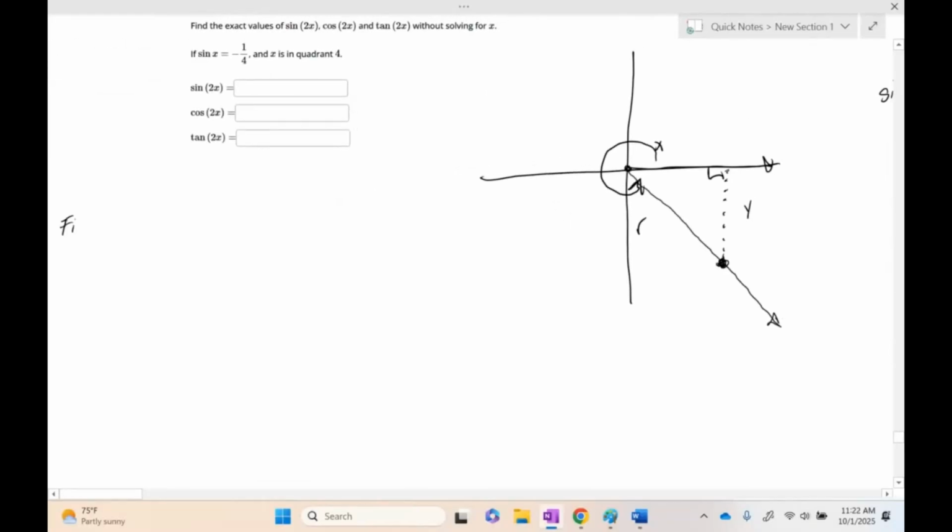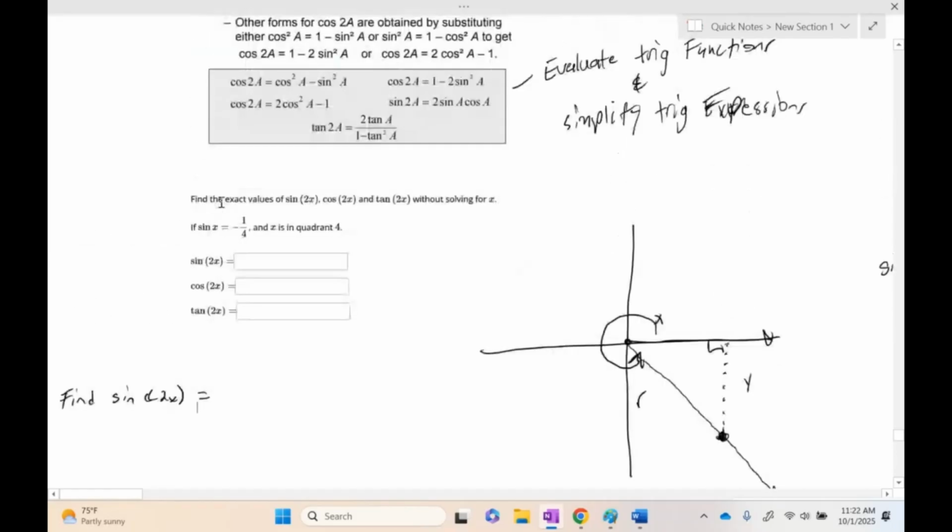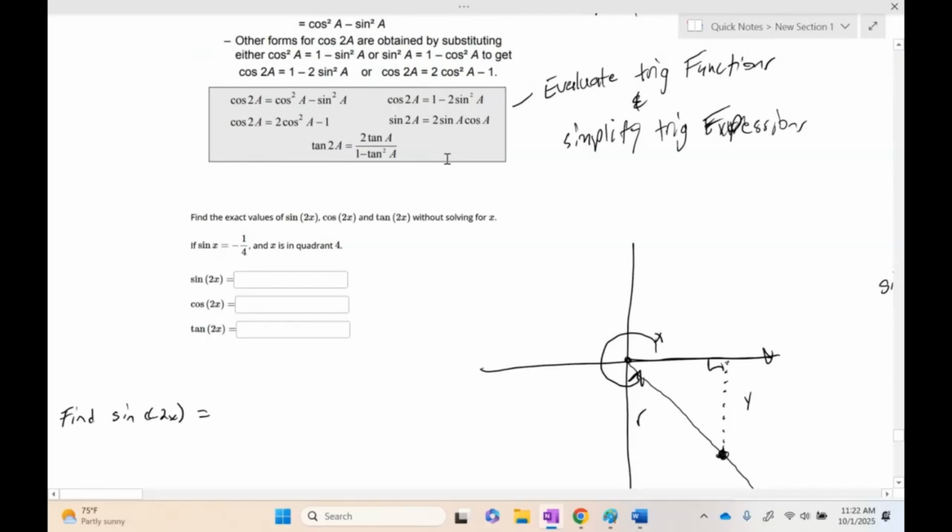But the first part of this says find the sine of 2x, or the double angle for sine. First thing that I'm going to do is look at the formula. The formula says if we want to find the double angle for sine, that's equal to 2, and they're changing the variable from a to x, so it would be 2 sine x times cosine x. So I'm going to write that down: 2 sine x times cosine x.